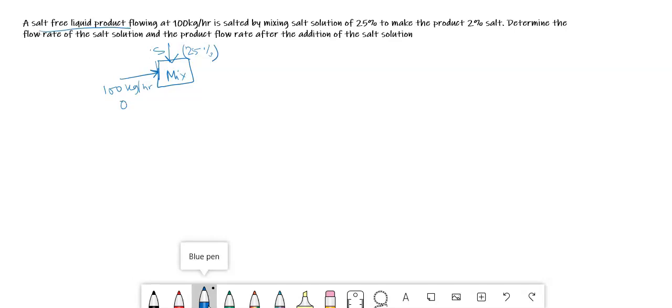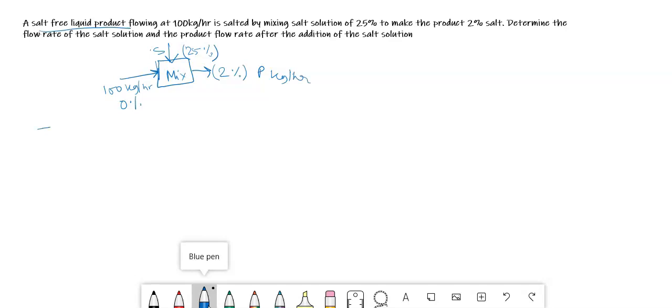So the salt concentration here is 0, and the product has 2% salt concentration. And we don't know the product flow rate. We need to find that. So let it be P kg per hour.